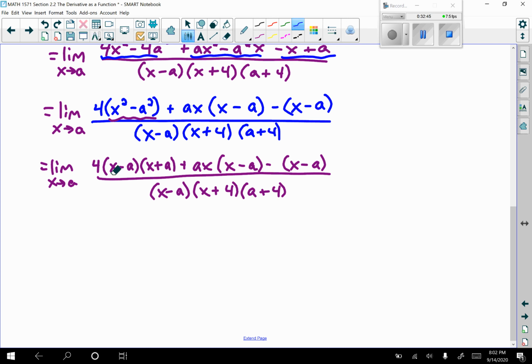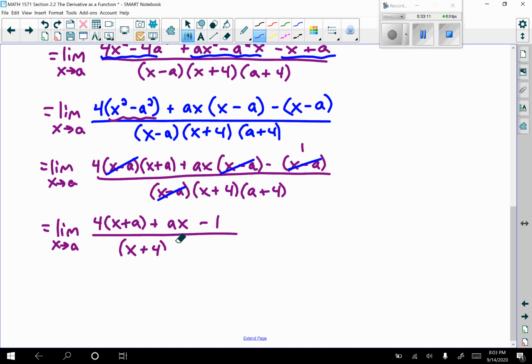Every term up here has an x minus a factor, and likewise down here. That means I'm taking each term and dividing it by the x minus a. So now this becomes the limit as x approaches a of 4 times x plus a plus ax. Now there's nothing left here, which is really just a 1, so minus 1. And then this is all over x plus 4, a plus 4.